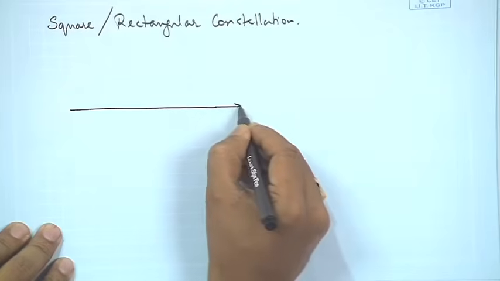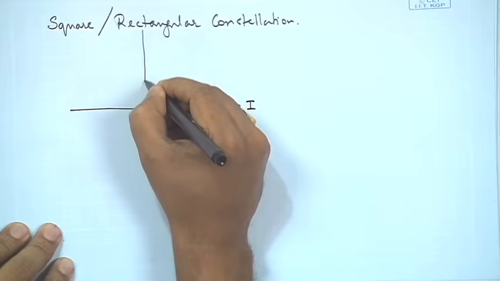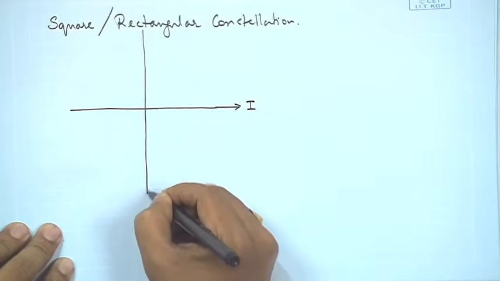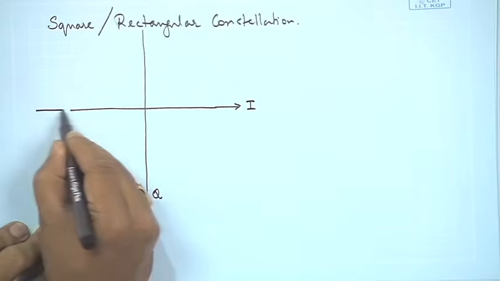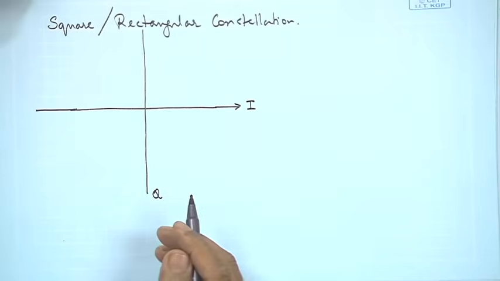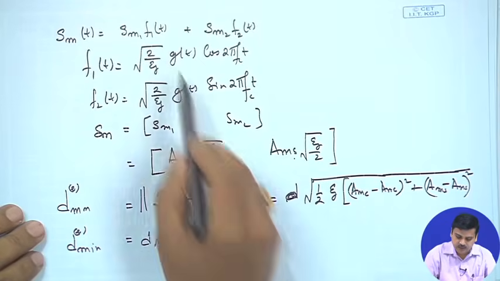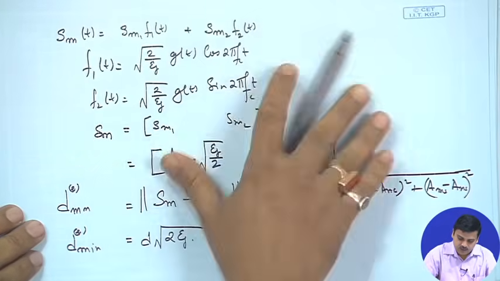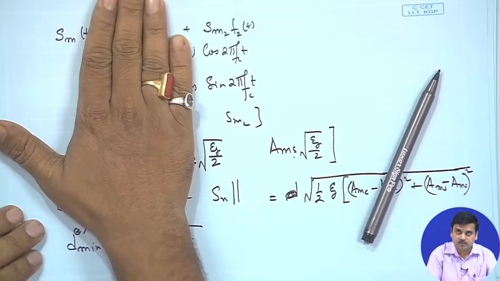is, suppose this is my I axis and let this be my q axis. So, here we can think of PAM, pulse amplitude modulation. If you see this carefully, this one is a pulse amplitude modulated signal, this is another pulse amplitude modulated signal, right.